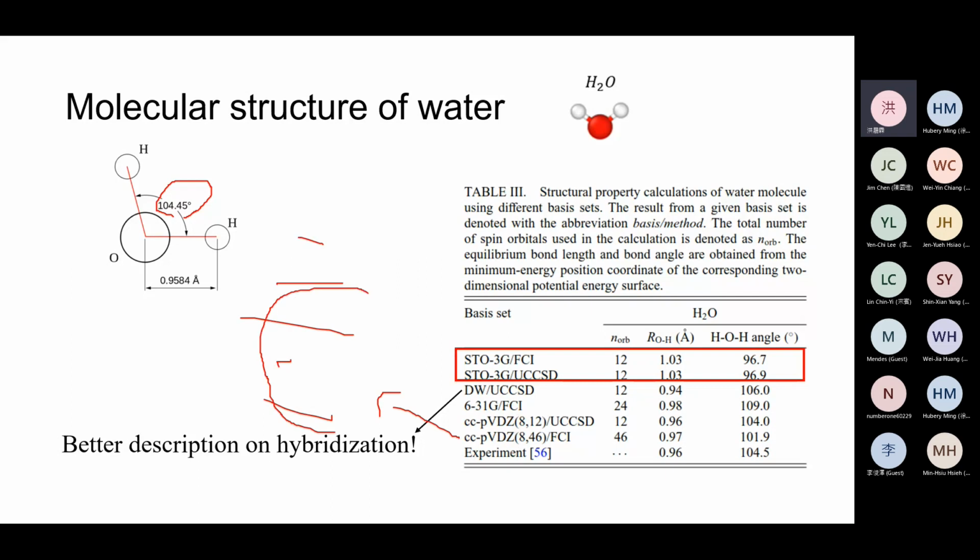We consider only part of the active space, but we can see that this result is a better description of the bond angle than this result. This indicates that there exists possible error cancellation that makes a good agreement in the restricted active space case.